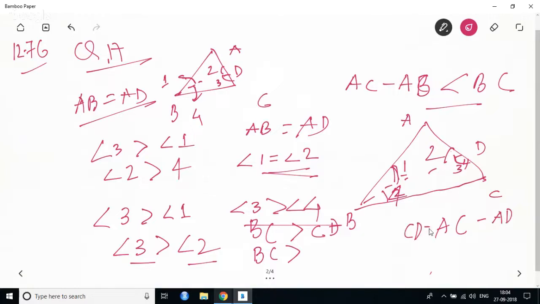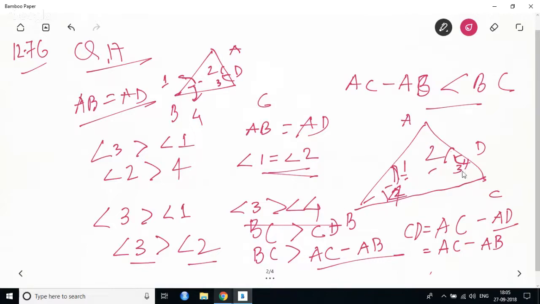CD is equal to AC minus AD. Now this AD is equal to AB, so I can write AC minus AB. If somebody asks you that you don't have to prove AC minus AB, you have to prove AB minus AC.